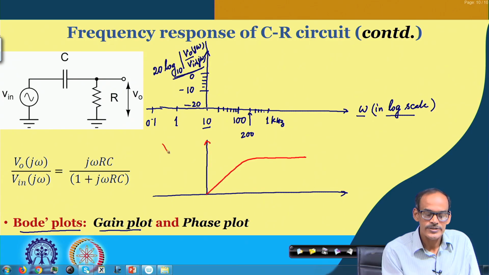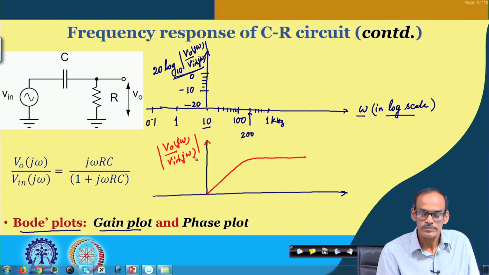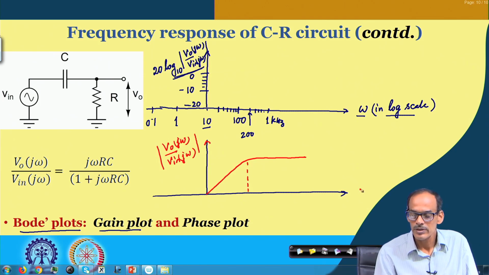The y axis is V o divided by V in, its magnitude only, and what we said is this corner frequency, or cutoff frequency, where omega equals 1 by RC.